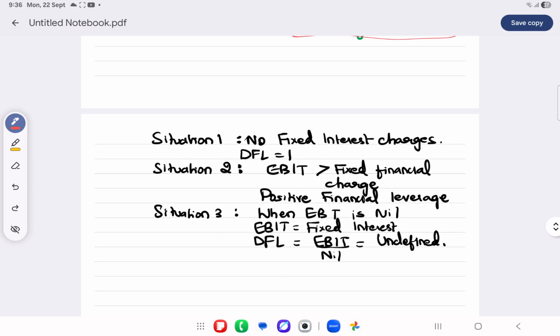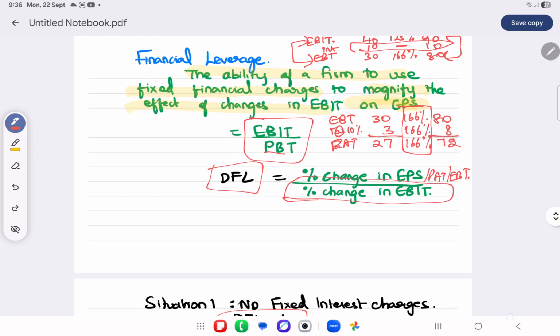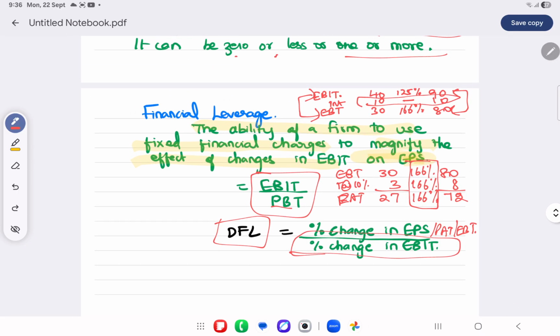Situation 1. When there is no fixed interest charges, our degree of financial leverage will be 1. Suppose in this case we didn't have any interest. So EBT would have been 40 and 90. It would have been the same 125 percentage. So our financial leverage would be 125 divided by 125, which is equal to 1.